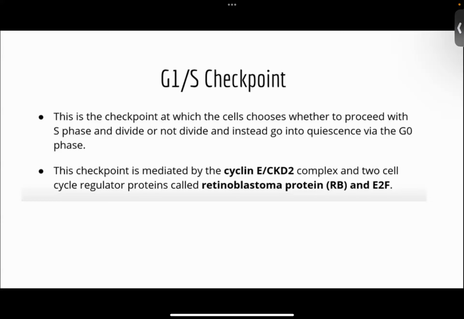You know that S phase is where DNA replication happens, where 2N becomes 4N, so this checkpoint tells whether the cell should go to that point or not.